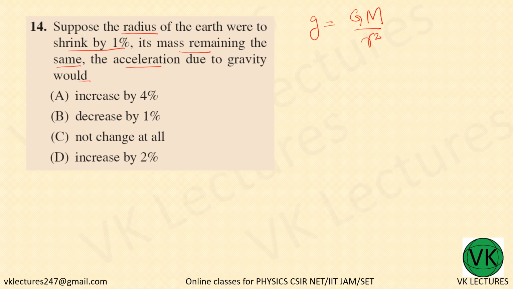If there is a change, delta g, the G is constant, and the change is in M and R square, that means 2 times the change in R. If there is a 1% change in mass, there would be an equivalent 1% change in gravity, and if there is a 1% change in radius, there will be an equivalent 2% change in gravity.